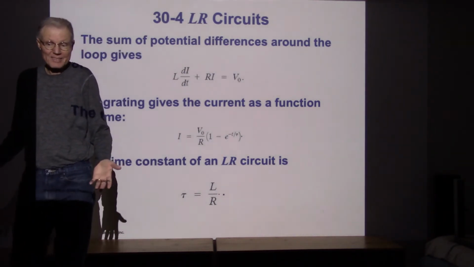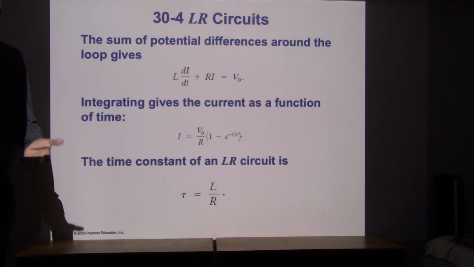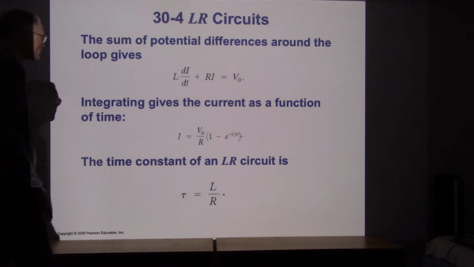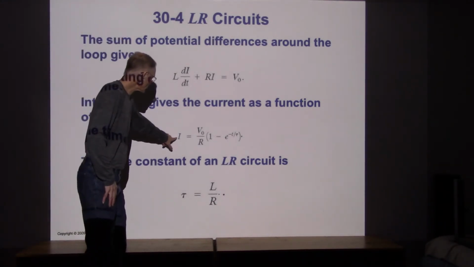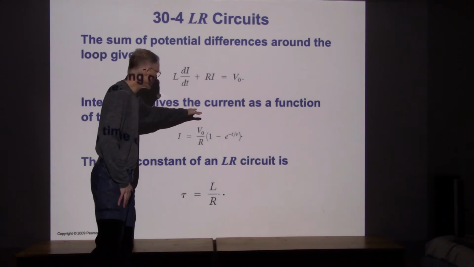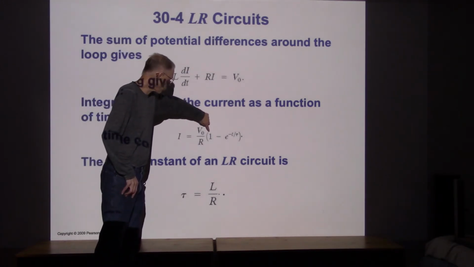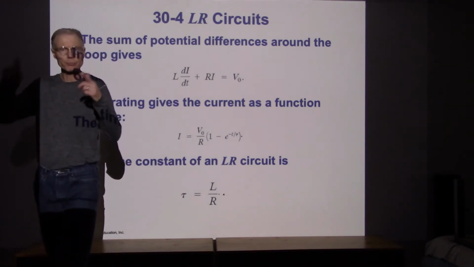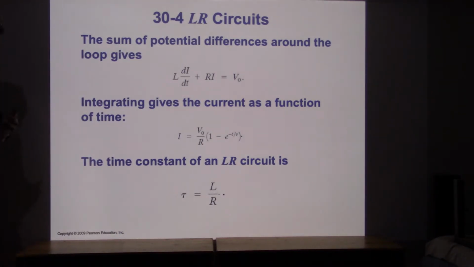Now, we've already seen an equation that looked very much like this, and that was the equation for charging a capacitor. When we charged a capacitor, what we found was that the charge on the capacitor followed one of these 1 minus e to the minus t over tau formulas, one of these flipped upside down exponentials.